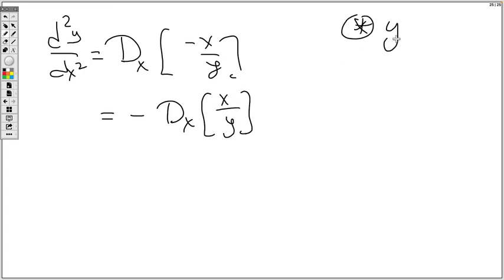Now, we're back to thinking of y as a function of x. So what rule can I use here? I've got x divided by y. So what rule could I use? Quotient rule. All right, so here we go. Quotient rule. So I got that negative out front.